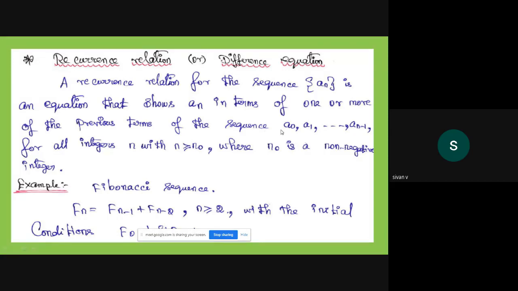It starts with a0, ending with an minus 1. For a sequence வந்து என்னோட previous two terms யூஸ் பண்ணி, at least one term யூஸ் பண்ணி represent பண்ணா, that's called a recurrence relation or difference equation, for all integers n with n greater than or equal to n0, where n0 is a non-negative integer. This is the definition for recurrence relation. Can you understand?